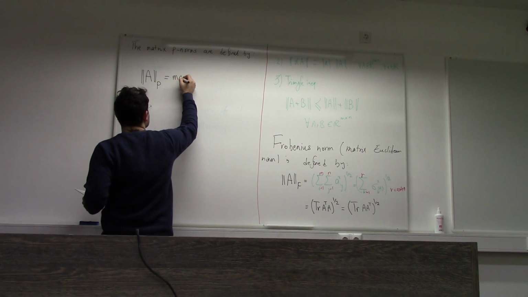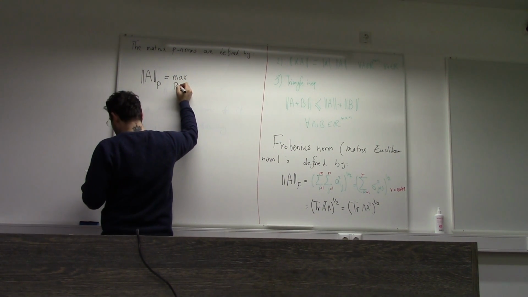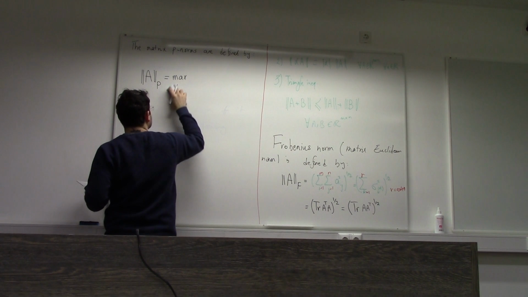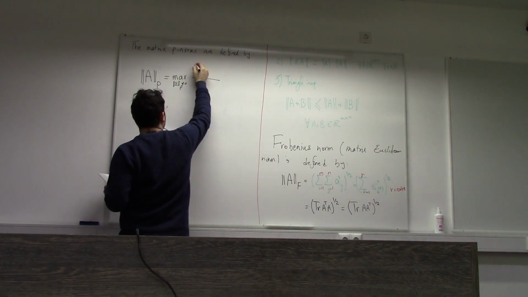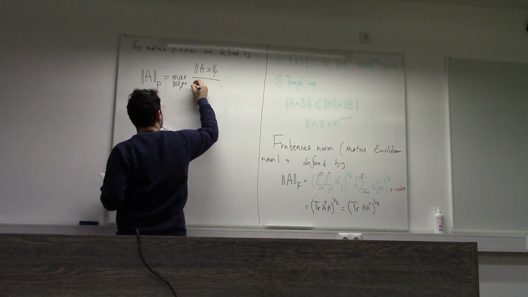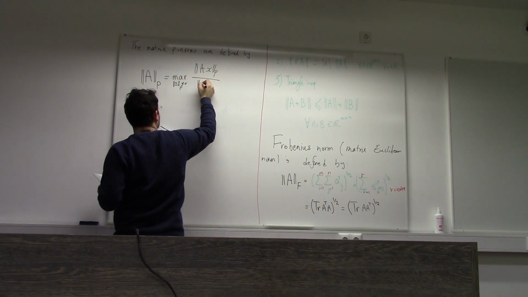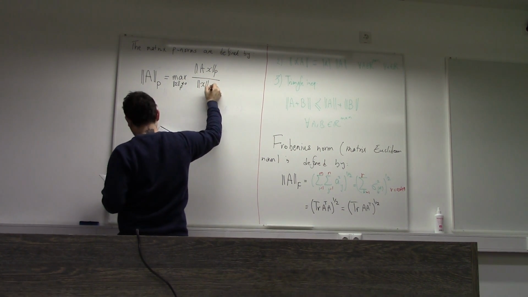It is the maximum over x not equal to 0 of the P norm of Ax divided by the P norm of x.